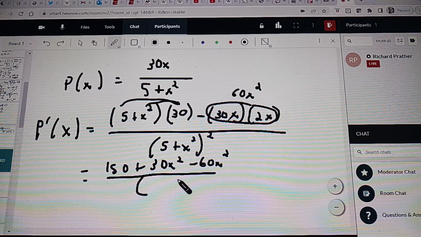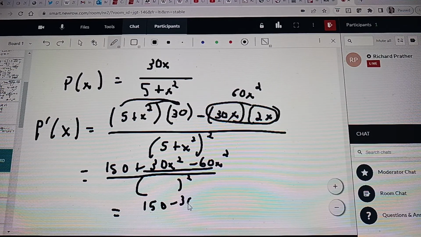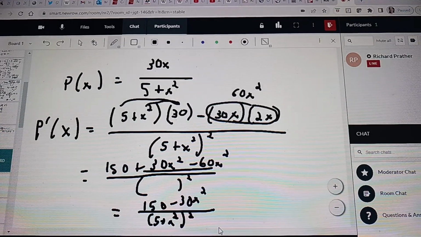That's what the numerator simplifies to: 150 minus 30x squared. The denominator is 5 plus x squared, squared, but there's no need to try to simplify this any further. Maybe it reduces down even further, but there's no need to waste time doing that. So I got it at least simplified a little so that plugging into it isn't too messy. But now there's the derivative.